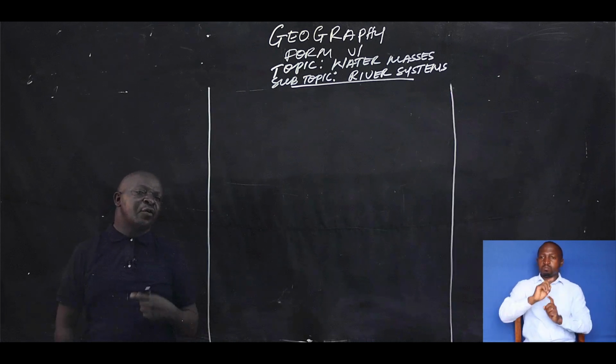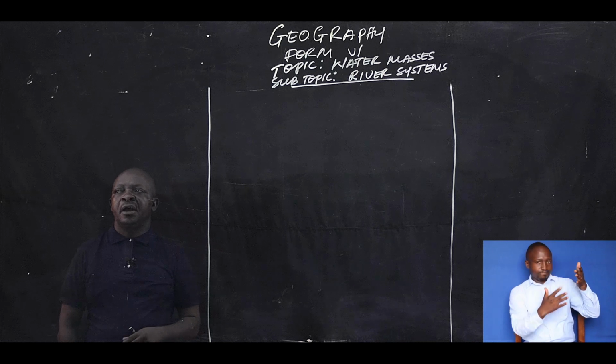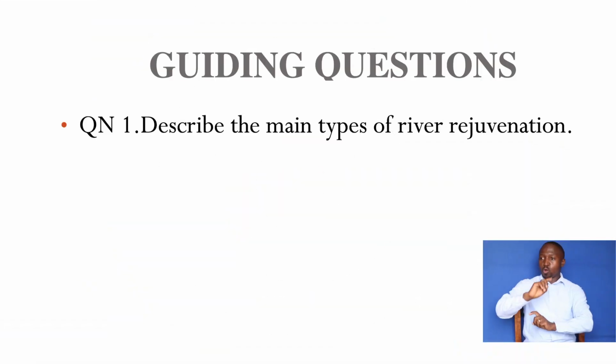Here we have several guiding questions, and we start with question number 1, which is: describe the main types of river rejuvenation. Basically, we are to give types of river rejuvenation. But we should start by giving the meaning of river rejuvenation.